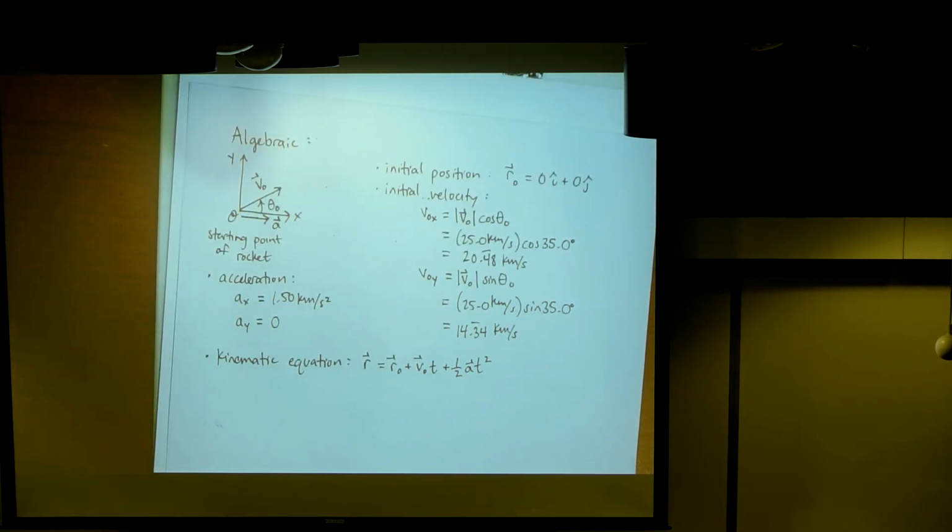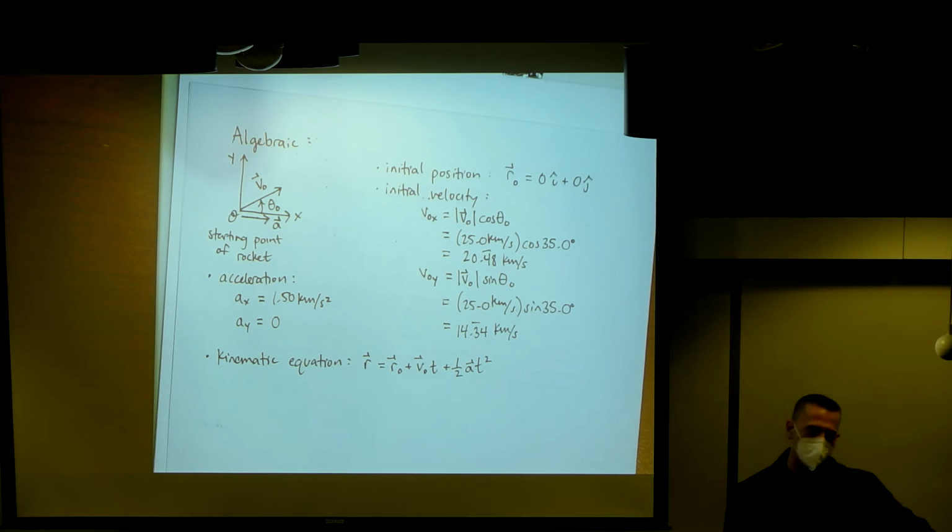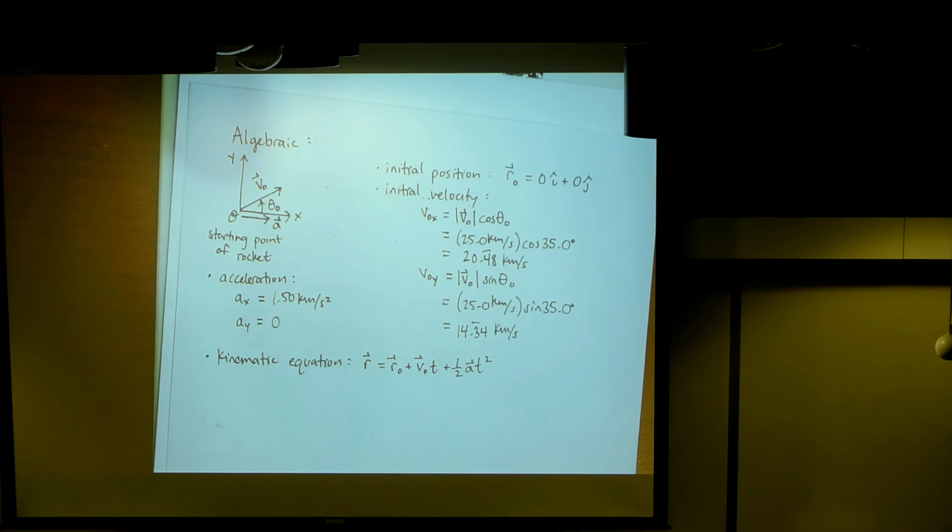But then I'll remember that this vector equation is really two separate equations in disguise. I'll have an equation for the x position and an equation for the y position, which I can write down separately. That's what we're going to do because this is the algebraic method, of course. Okay?